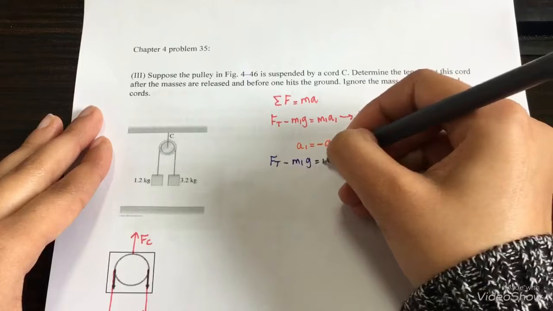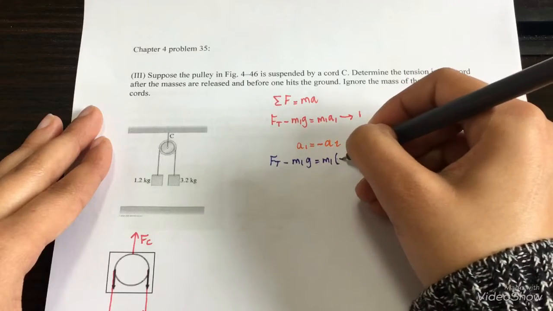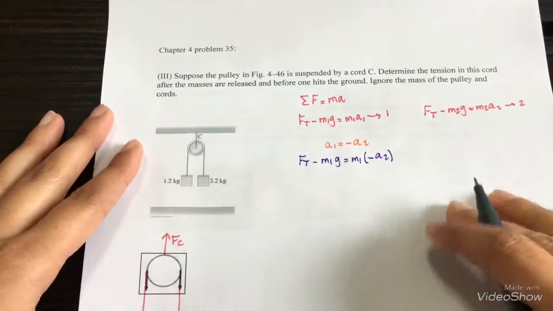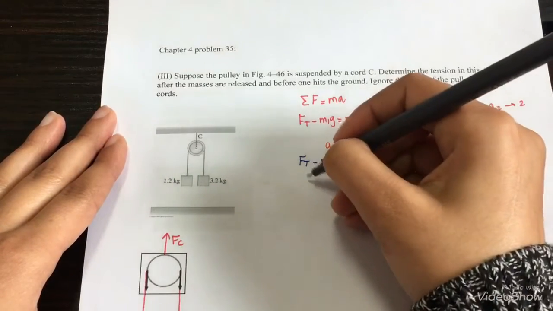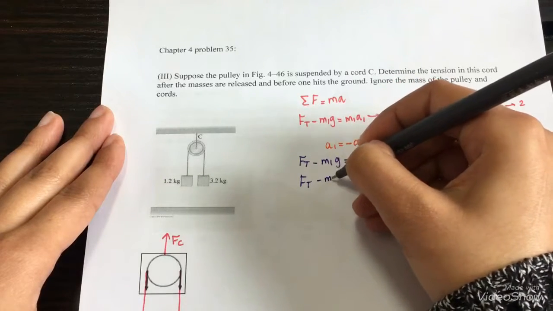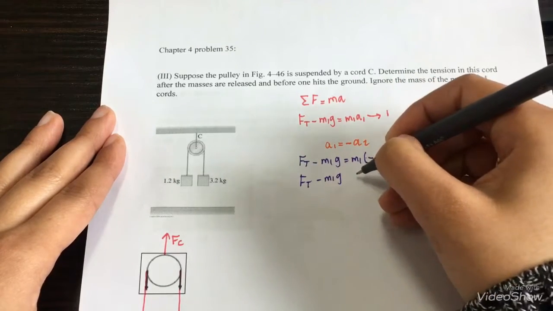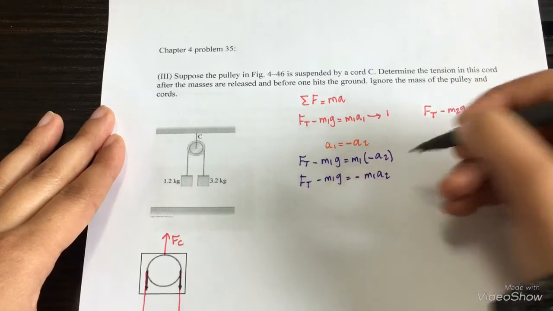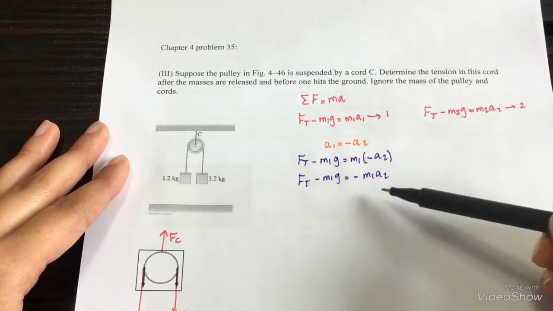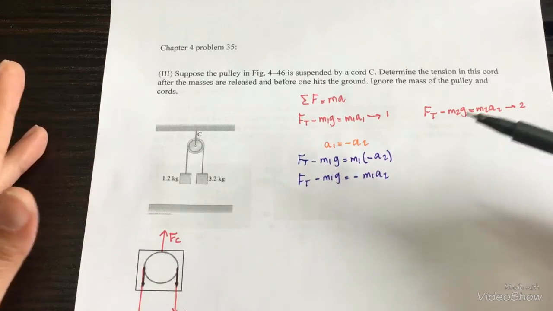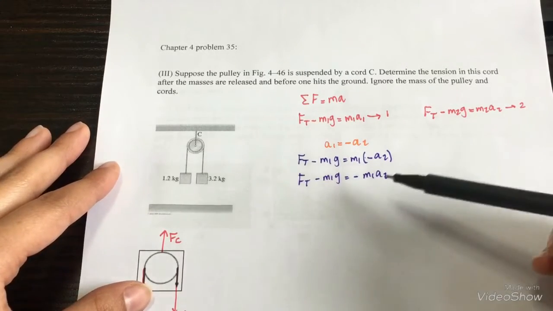I'm not going to skip any steps, so you're not going to get confused. Tension force minus m1g equals negative m1a2. Since we are going to solve for acceleration 2, I don't like the negative, so I'm going to get rid of it.